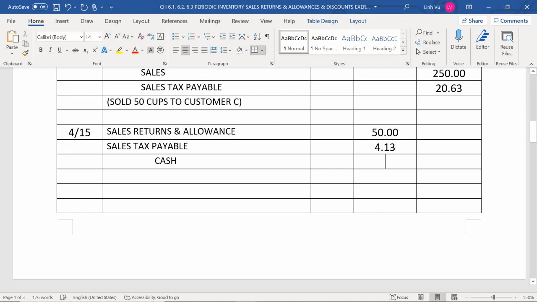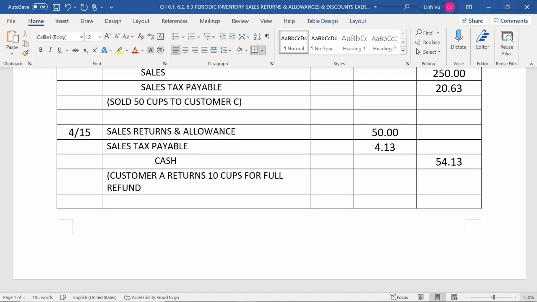So in this case, we're giving them back $54.13. And we're going to make a note here that customer A returns 10 cups for full refund.